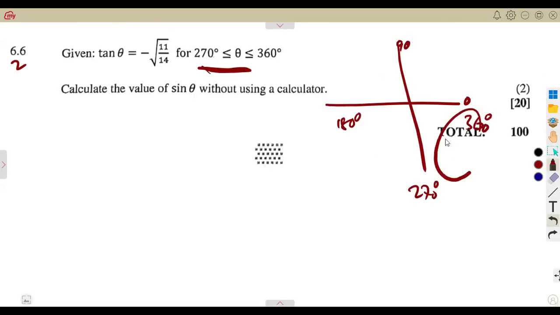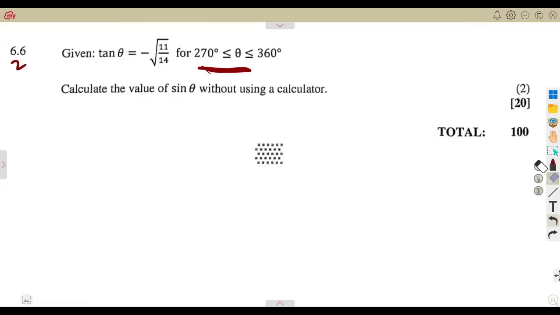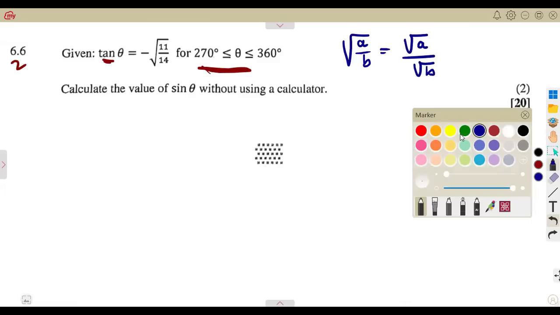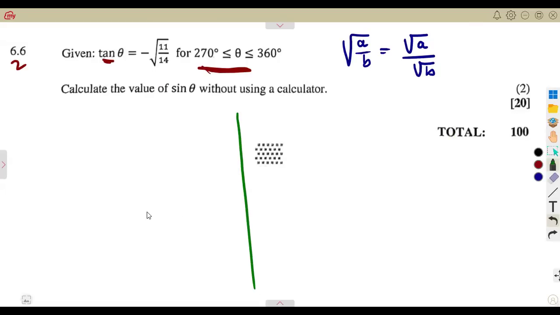We are talking about the last quadrant, the 4th quadrant, which is fine. We are given a ratio of a tan under a single square root. Guys, remember that the square root of A over B can also be written as the square root of A over the square root of B.